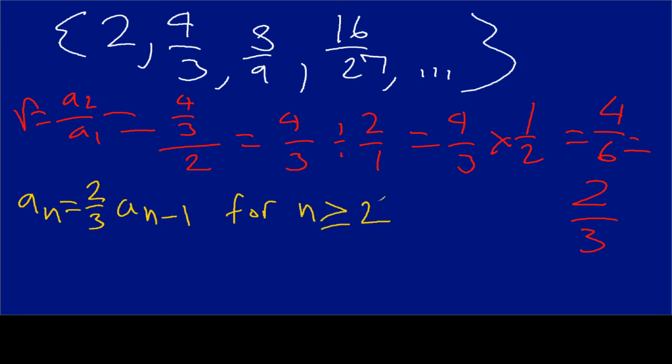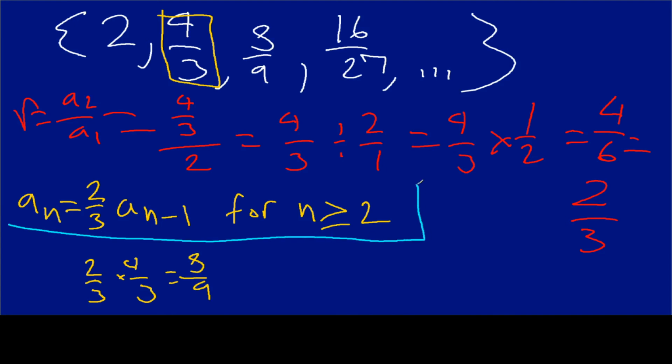And you can check this. For example, let's say I start with this term right here. I do 2 over 3 times 4 over 3, and I get 8 over 9, and you can continue from there. So it looks like this formula is going to work for us, given the condition that n is greater than or equal to 2.